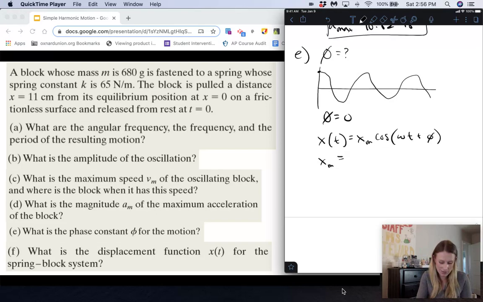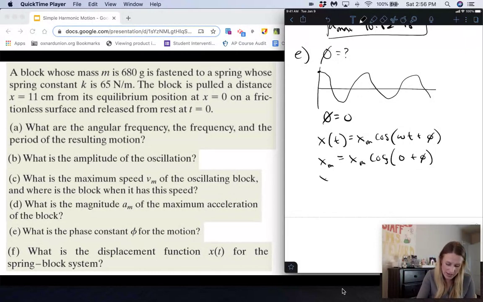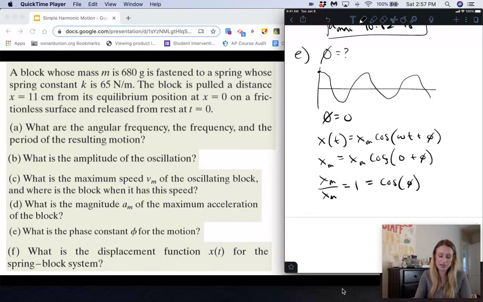So if I leave those in variable form, we have x maximum times cosine of the quantity 0, because time is equal to 0 there, plus phi. And so we get cosine of phi, and then we divide both sides by x maximum. So we get x maximum divided by x maximum, which is just 1, is equal to cosine of phi. And then if you take the inverse cosine here, you get phi is equal to 0.